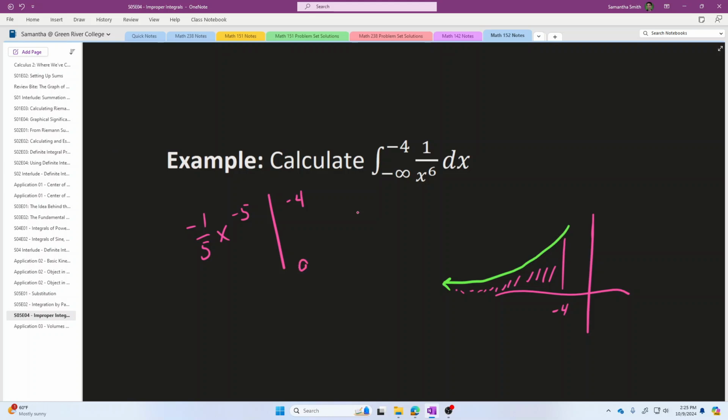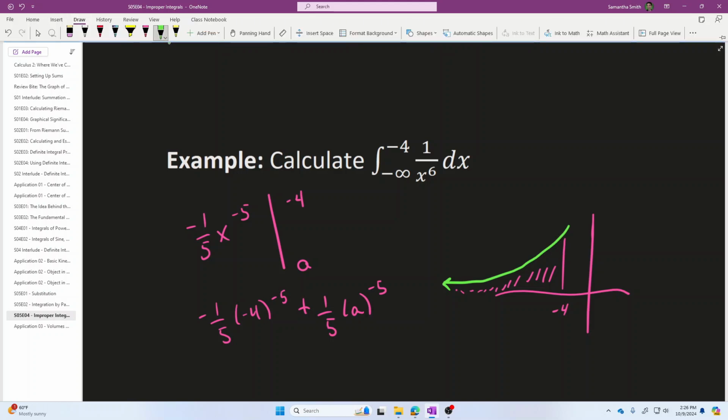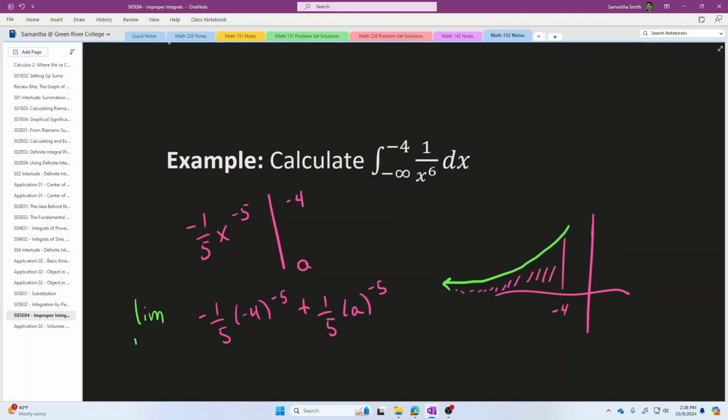So instead, I'm going to plug in a placeholder value of a as my lower limit. And this gives me negative 1/5 times negative 4 to the power minus 5 minus negative 1/5 a to the power minus 5. And then I'm going to let that a approach negative infinity in a limit.